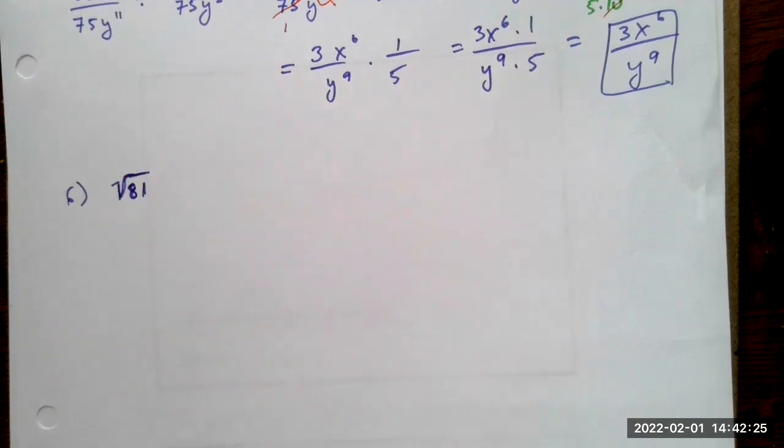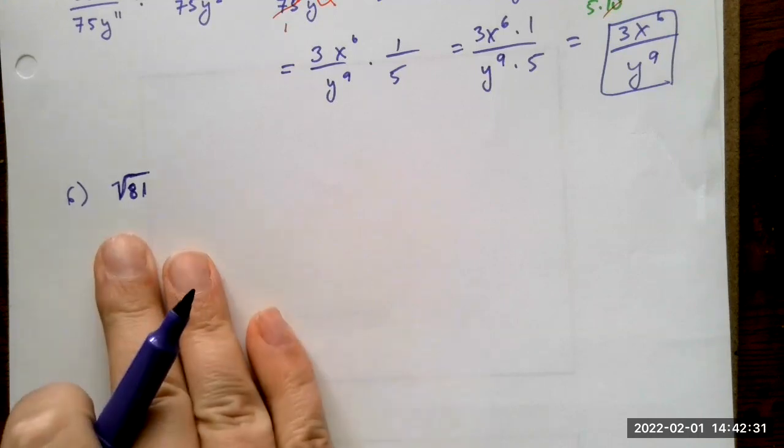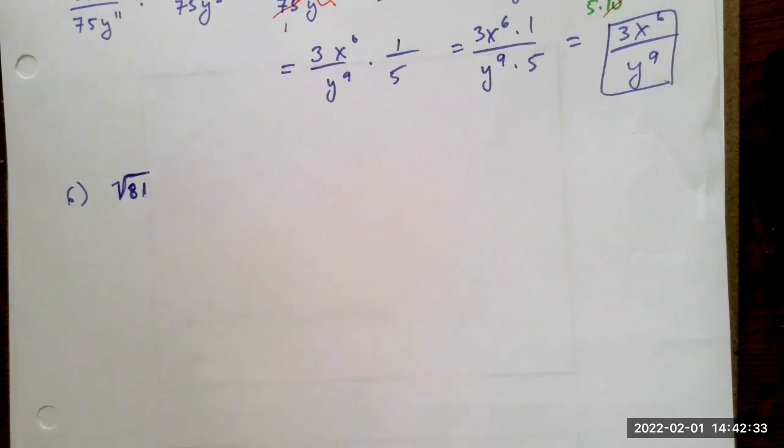If I just ask you, find all square roots of 81, that's a different problem than writing it like this. What do I mean? A square root of 81 is, by definition, a number that when multiplied by itself gives you 81, right?